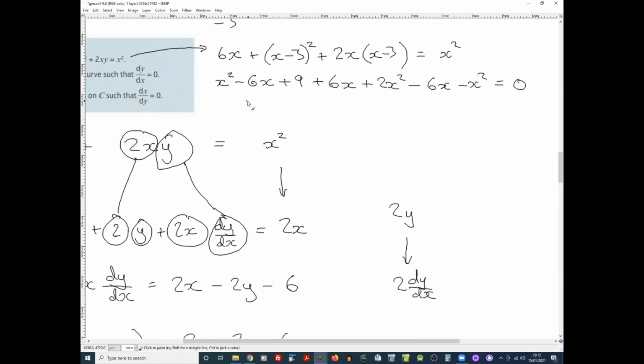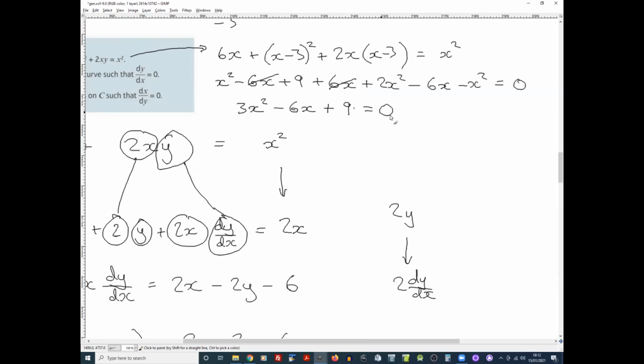Right, so what have we got? Minus 2x squared minus 12x plus 9.